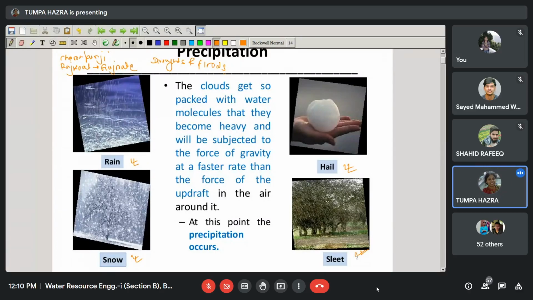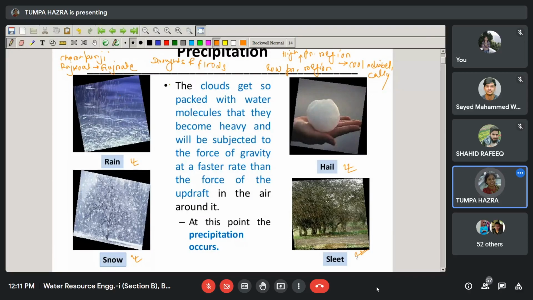Whenever this evaporated water moves upwards, it moves from the high pressure region to the low pressure region. Whenever it moves like this, it will cool adiabatically and form clouds.